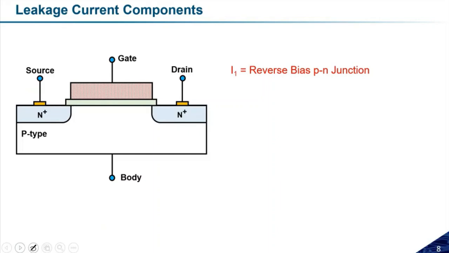Suppose this terminal is the NMOS kind of device and this is the PMOS kind of device. If the drain is at higher potential and the body is at lower potential, then the N type semiconductor is connected to the higher side, and the P type semiconductor material is connected to the lower side.